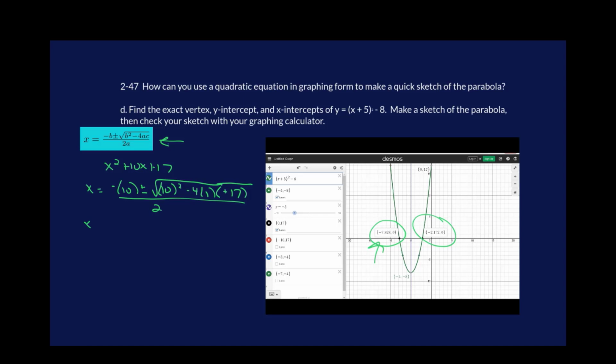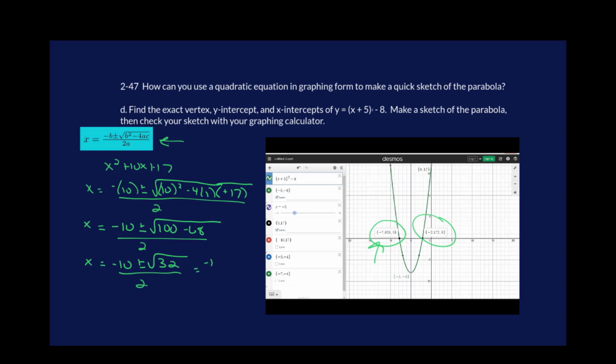All right, so then we get x equals -10 plus or minus the square root of 100 minus 68, over 2. Then we have x equals -10 plus or minus the square root of 32 over 2.